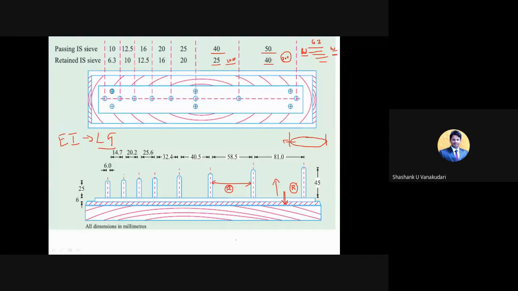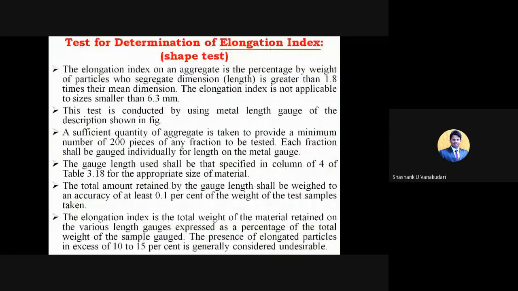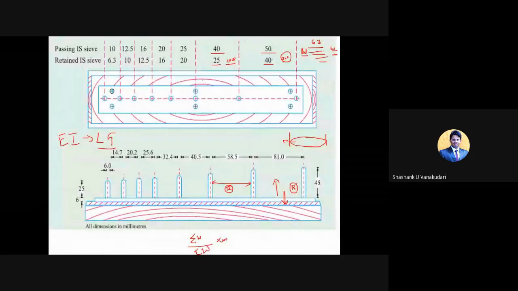At last the formula will be the same: summation of small w divided by summation of capital W multiplied by 100. Through that you can note down the results of the elongation index as well as the flakiness index.